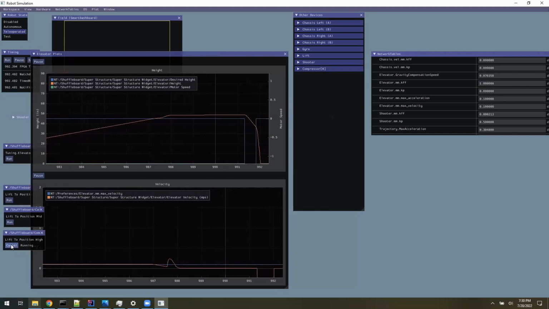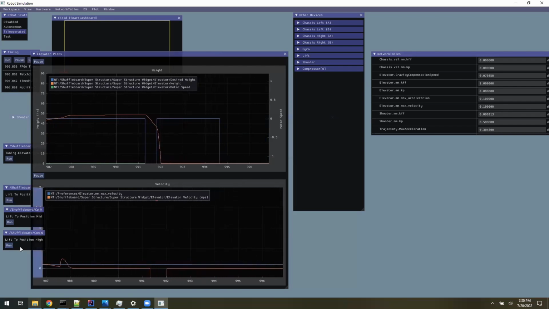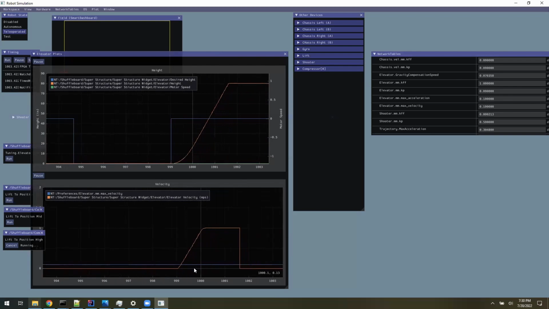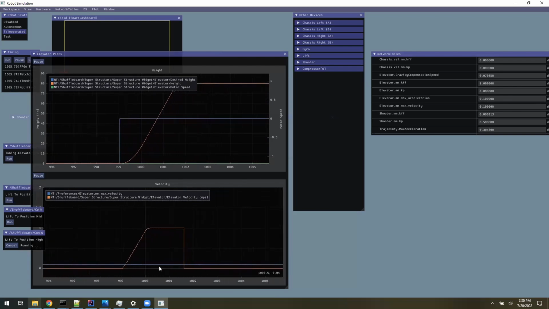Let's do it again. What? Yeah, so 1, if we look at the velocity thing, we want to have a nice looking trapezoid that has a top like that.